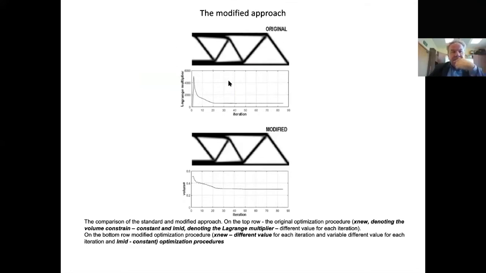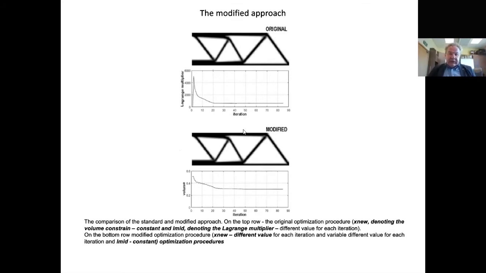If you observe the upper picture, this is the original approach, and you can observe this is the Lagrange multiplier here, and this is the change of the Lagrange multiplier. And look here, if you go to the solution, there is no change in the Lagrange multiplier. This is a very important thing. If you stop the computation in the standard approach, the Lagrange multiplier is constant. And here, this is the modified approach.